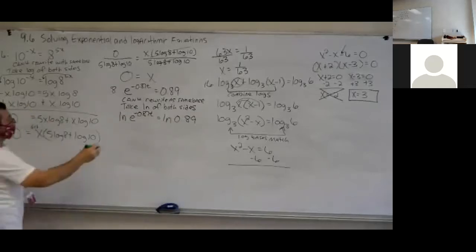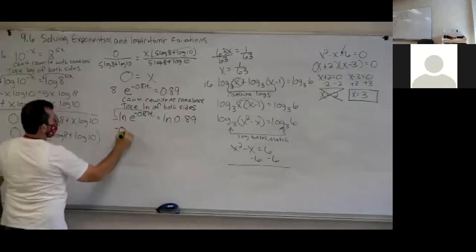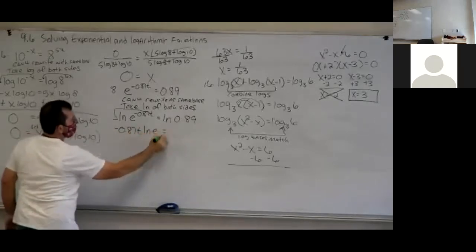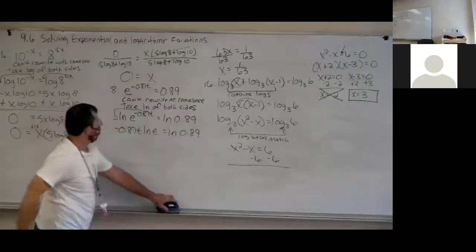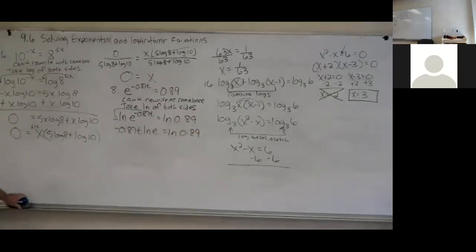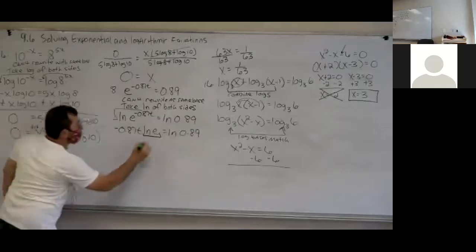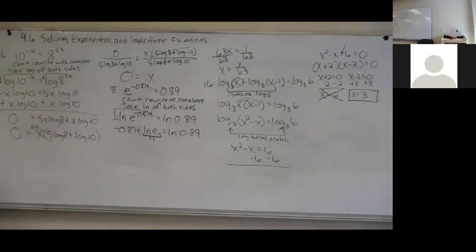Next, bring your exponent down to the front, times the ln of e equals the ln of 0.89. All right, but remember, we said ln of e equals 1.